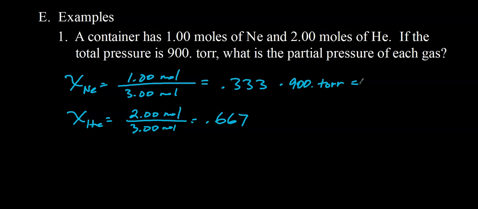So we get 300 torr. To find the partial pressure of helium, we could apply Dalton's law. The sum of the partial pressures equals the total pressure. So 300 torr plus the partial pressure of helium equals 900 torr, which would be 600. Or we apply this partial pressure, mole fraction of the helium times the total pressure gives us the partial pressure of the helium.